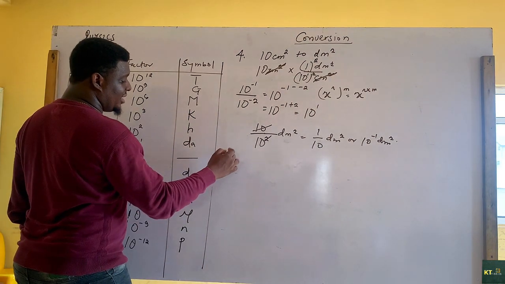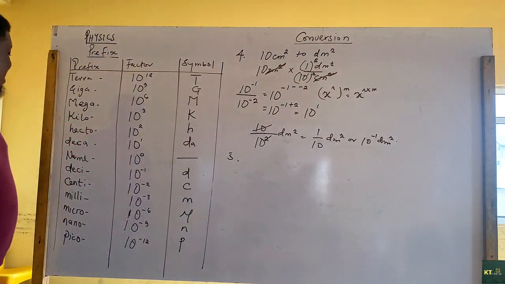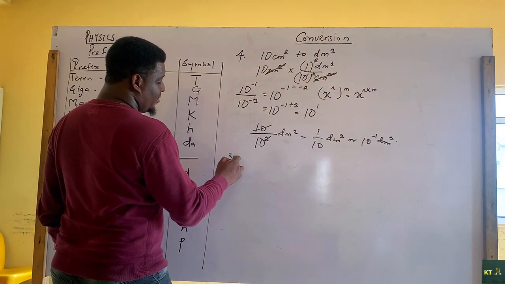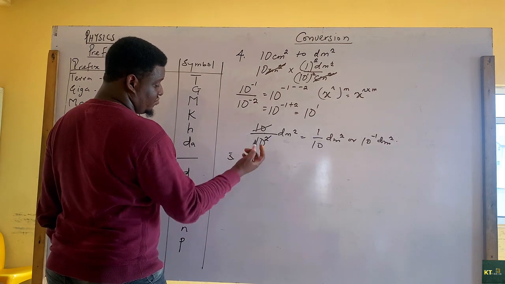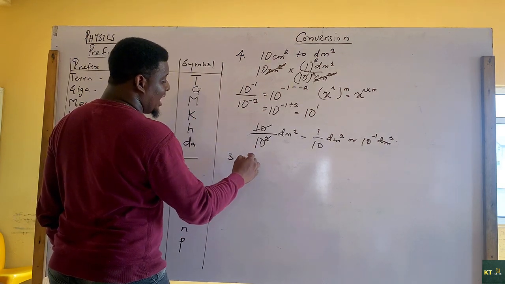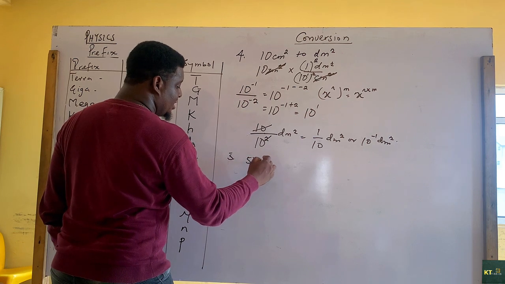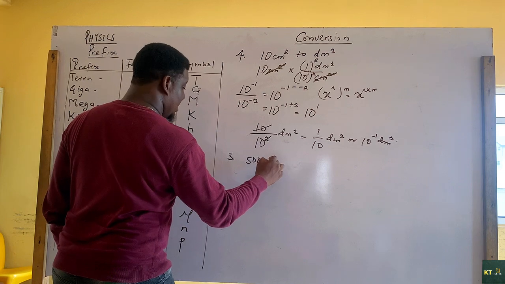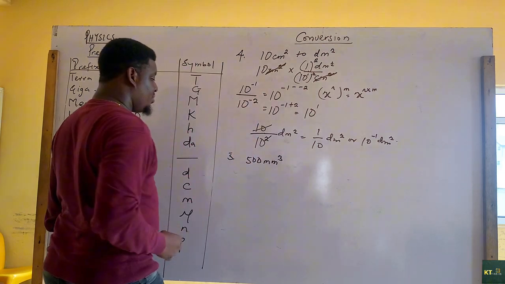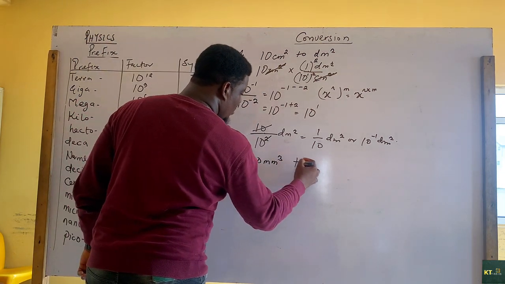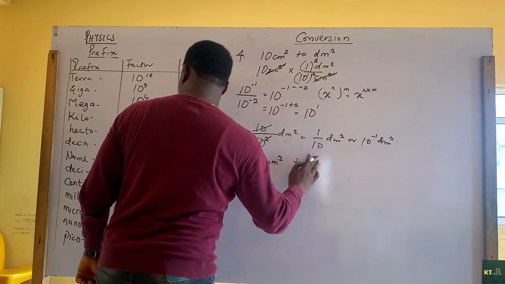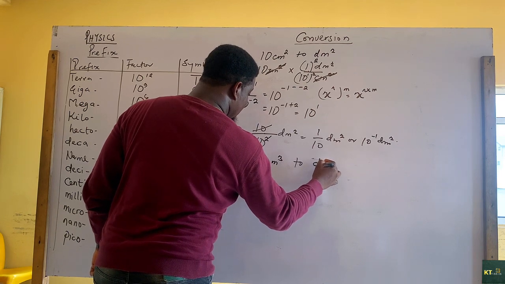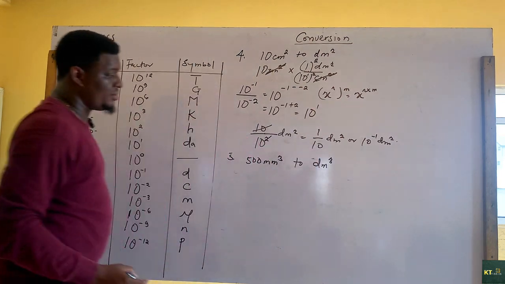So let us look at another one further. In the case of meters too, we can have 500 millimeters cube to, let me say, decimeter cube.